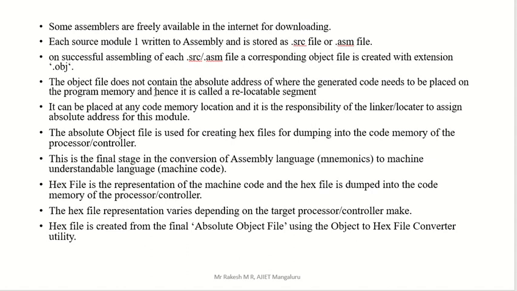The object file does not contain the absolute address. This is the problem we have there. So whatever you converted from low level language, the .asm file, to the .obj file, that .obj file does not contain any absolute address. The address is not specified properly of where the generated code needs to be placed in the program memory, and hence it is called a relocatable segment.